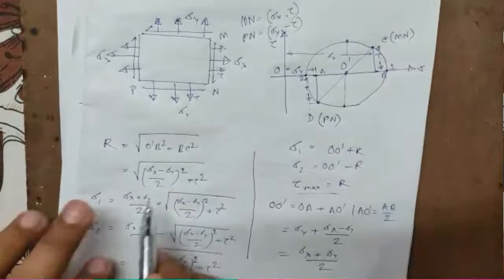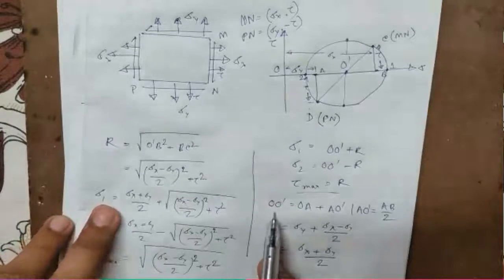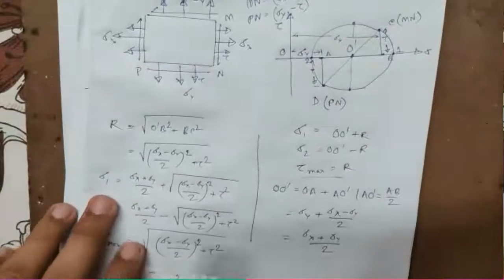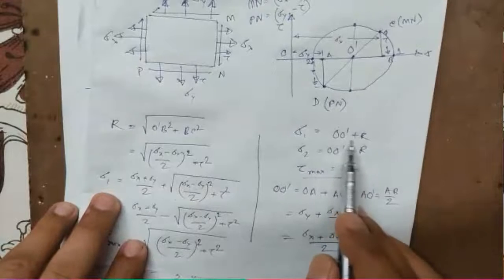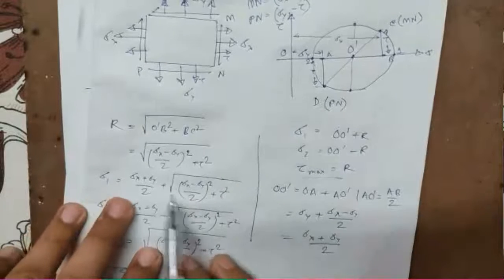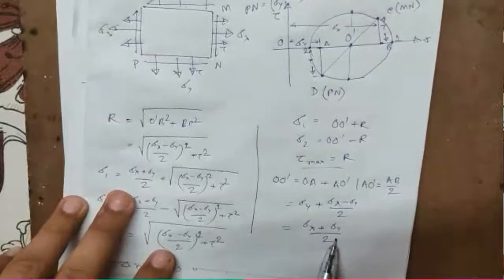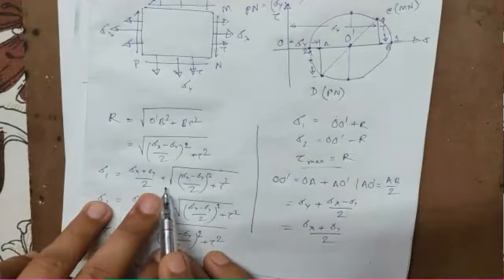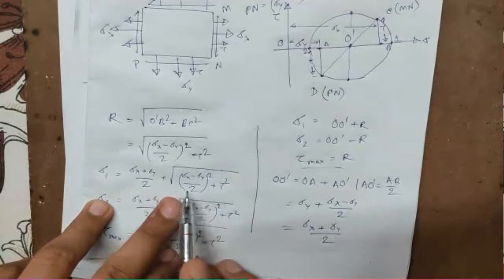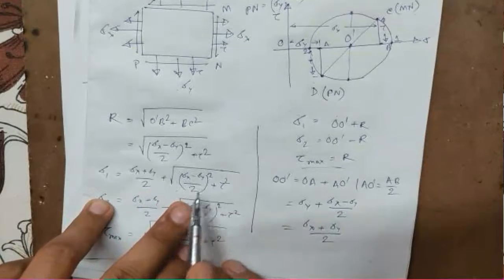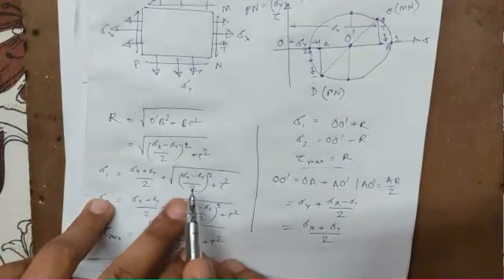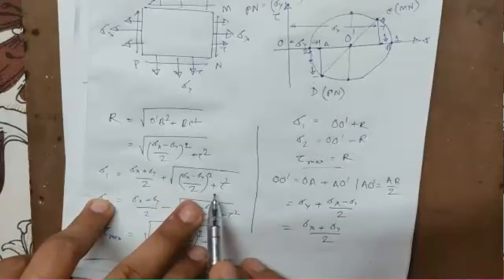So when we get r and O dash, sigma 1 will be equal to O dash plus r. So the O dash value, sigma x plus sigma y by 2, written here, plus the radius, root over of sigma x minus sigma y by 2 whole square plus tau square.